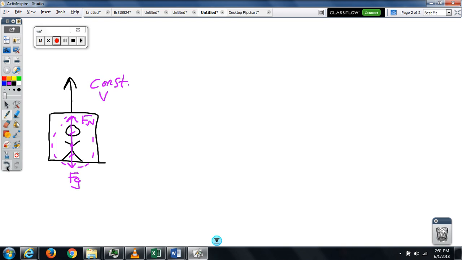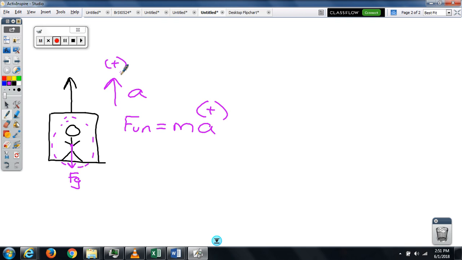But now let's take the case where the elevator is now accelerating upward. Well, Fnet equals ma. If the acceleration is positive, because this is the positive direction, then Fnet has to be positive.